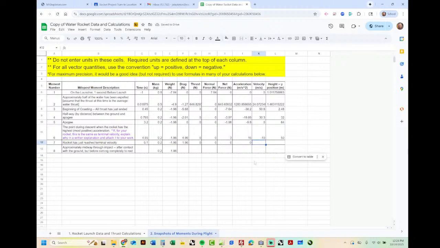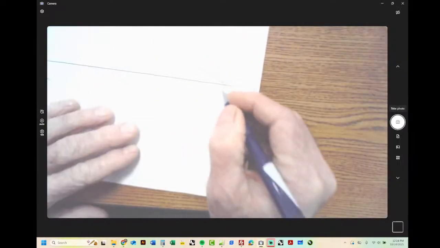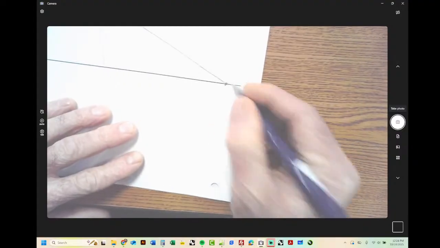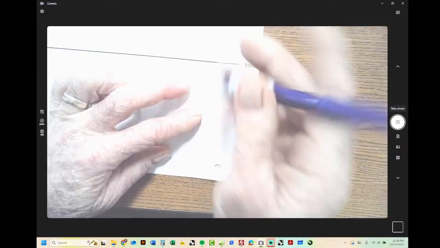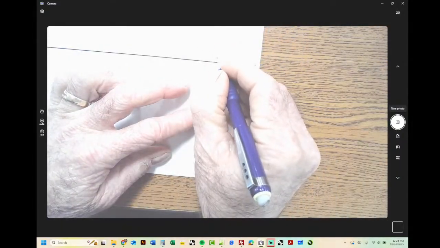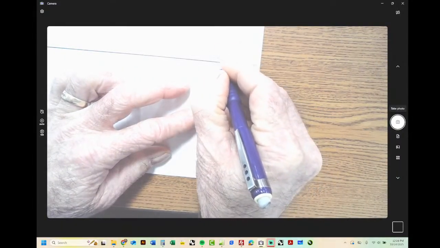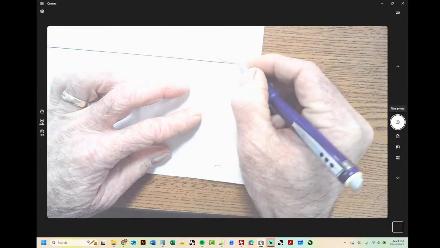And to figure out what terminal velocity is, I'm going to pretend that my rocket landed. The end should actually have a little bit of a curve too, a little bit of a curve right there.